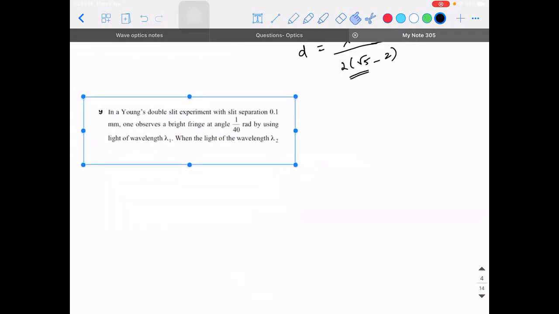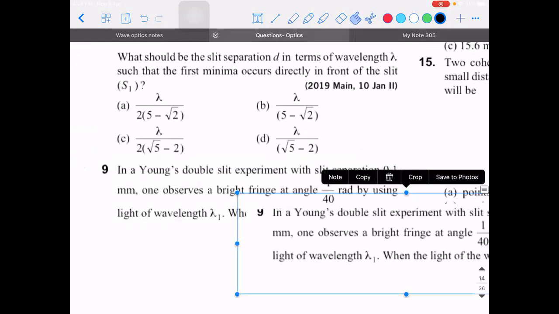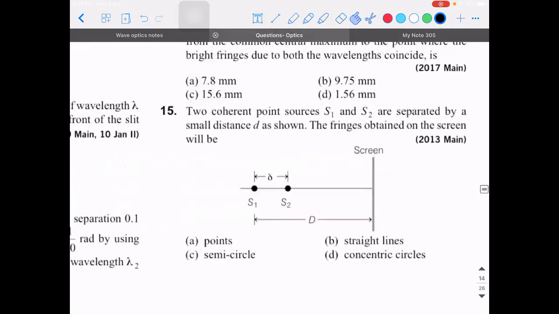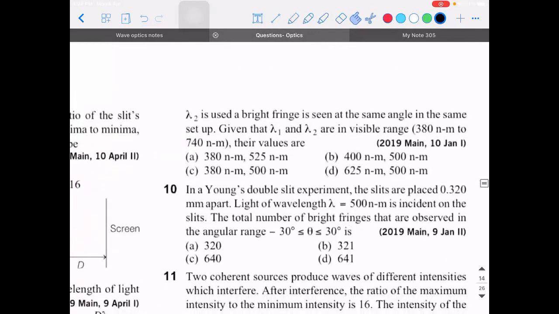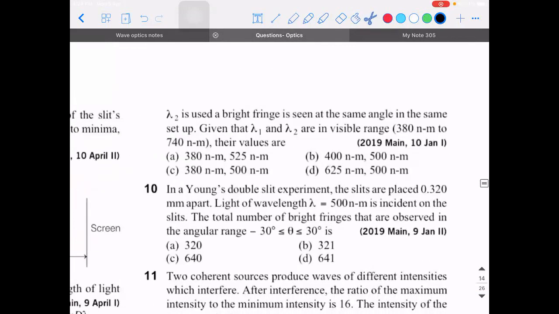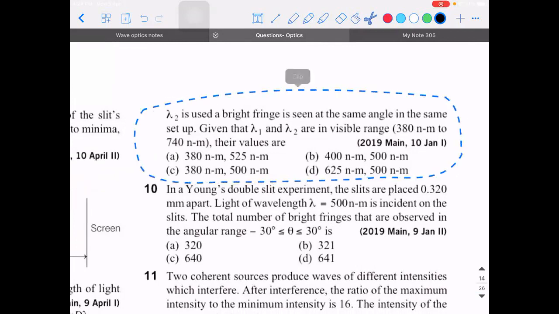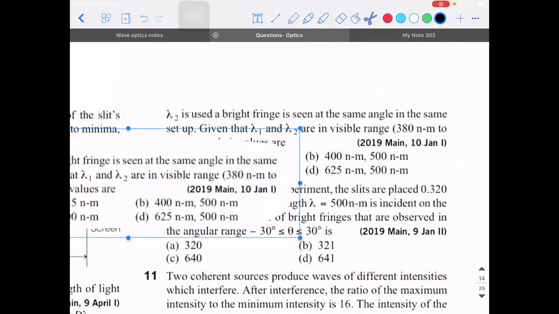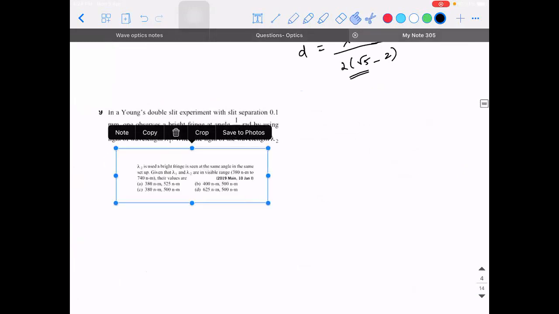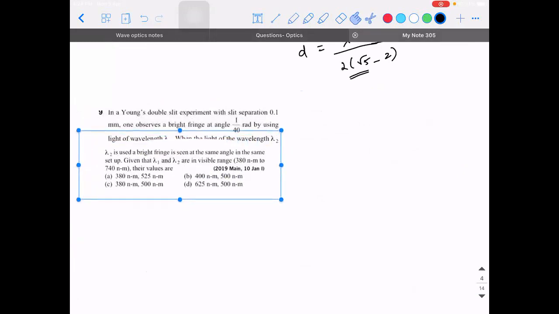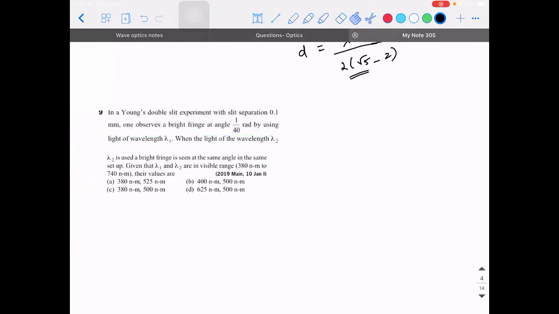In a Young's double slit experiment with a slit separation of 0.1 mm, one observes a bright fringe at an angle theta equal to 1 by 40 radian using wavelength lambda 1.